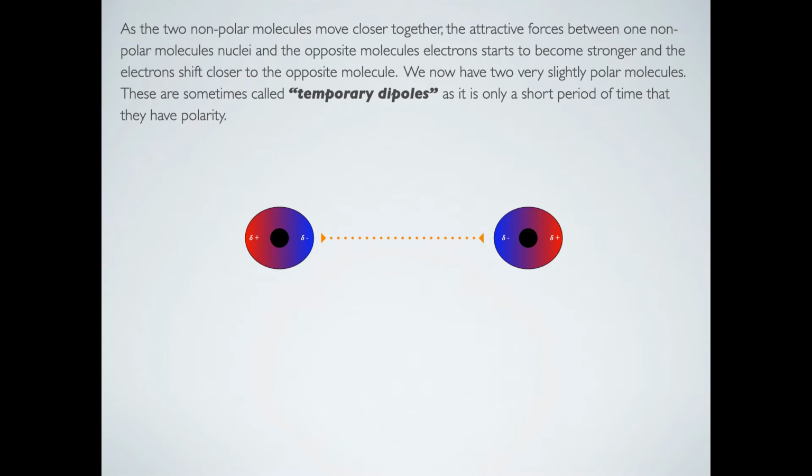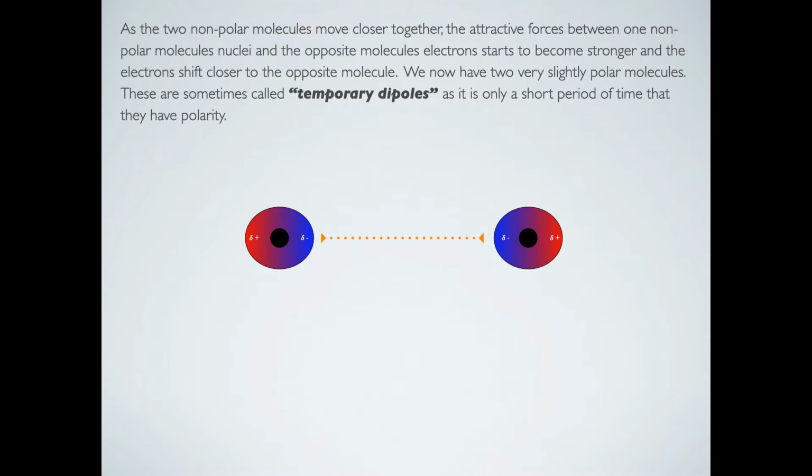It's a bit stronger, okay? So as the two molecules get closer, the attractive forces between the nonpolar molecules become stronger and the electrons shift, okay? So they're attracted to each other. Notice how the delta negatives are on the inside. It's because they're wanting to get close to the opposite's positive as well.